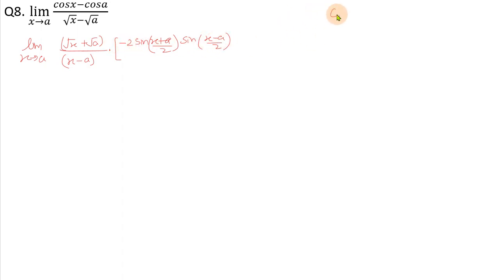If you remember the formula, cos c minus cos d is equal to 2 sin c plus d upon 2 into sin d minus c upon 2, to avoid the negative sign. And if you write c minus d here, you have to put a minus sign in front of this form. So that's what I have used here. Now the question is simple.